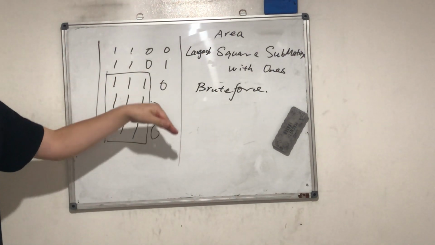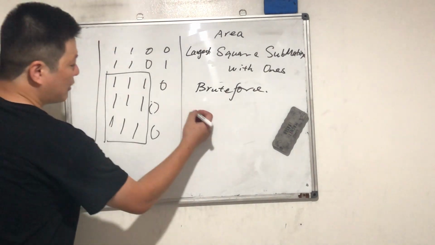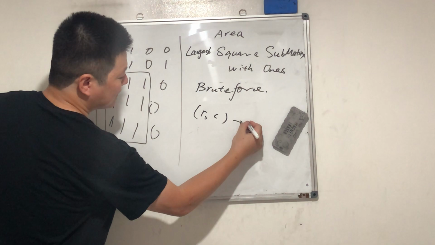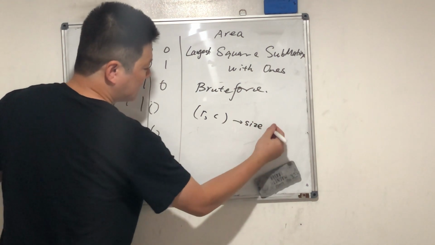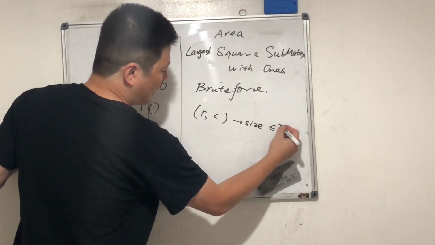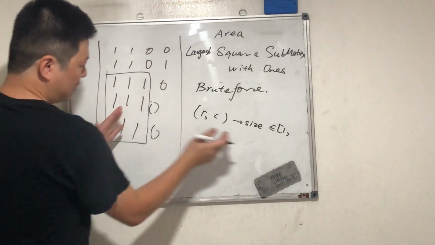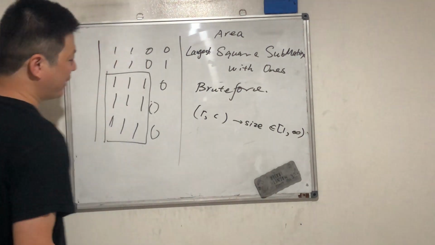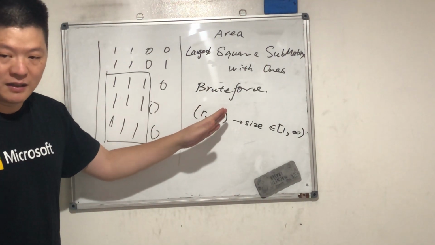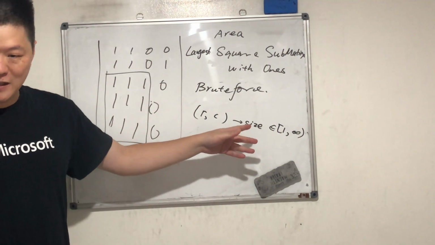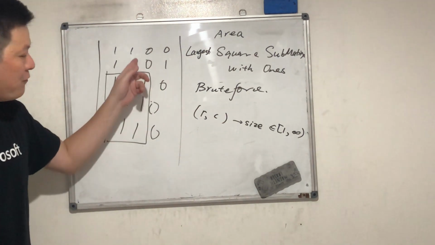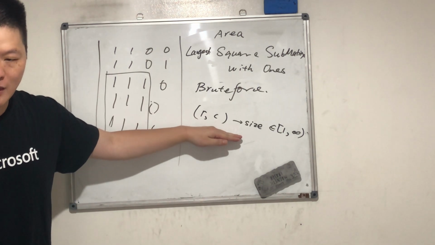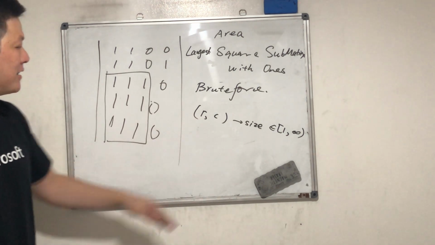Then we need to check this matrix with the size S, starting at coordinate RC, with size increasing. We can put infinity, but actually it's not infinity. And then we check if this square matrix contains all 1s. If it's all 1s, then we update the answer.